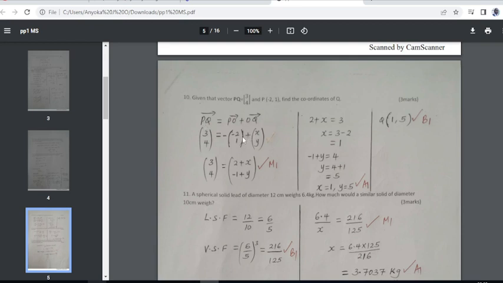So the position vector of P, we know it. It is the coordinates (-2, 1), written in column form, plus the position vector of Q, that we don't know, (x, y). Combining the two, there is a negative here because it is PQ.